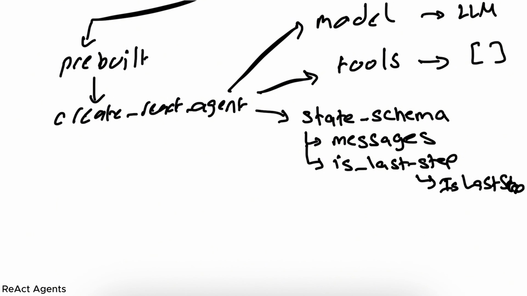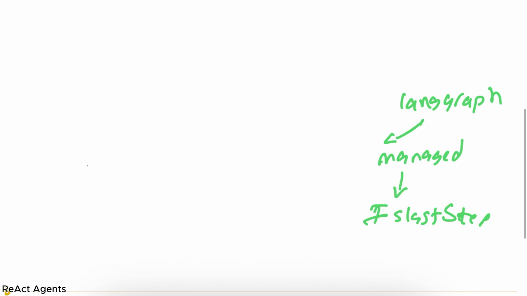Another parameter that, if not put in the custom state, will raise a value error is remaining steps. Similarly, remaining steps is a class within managed, so it will be another functionality.